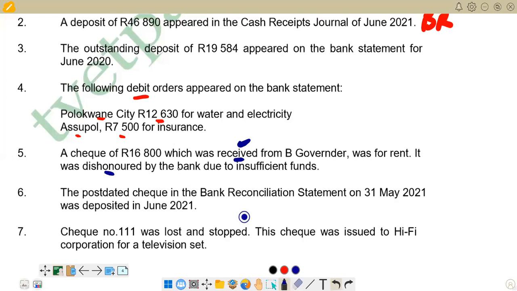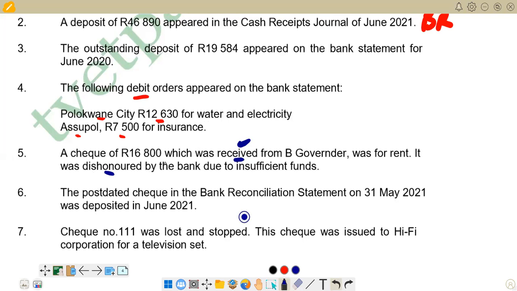When we want to remove it, we go to the opposite side, that is the credit side of the bank account. So it means we are going to adjust it and enter it in the cash payments journal. So this one is going to the cash payments journal, 16,800.